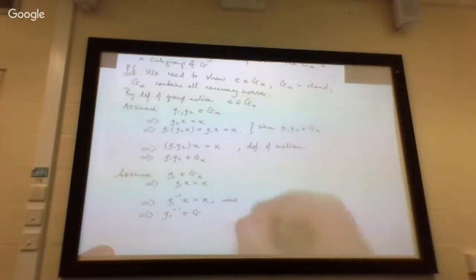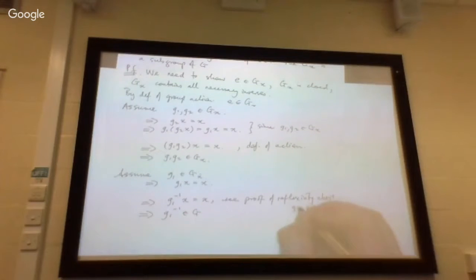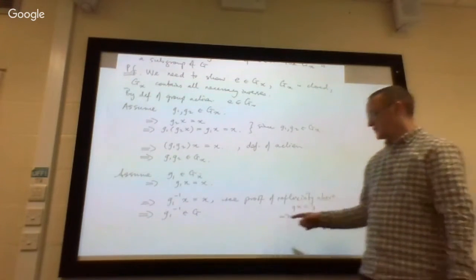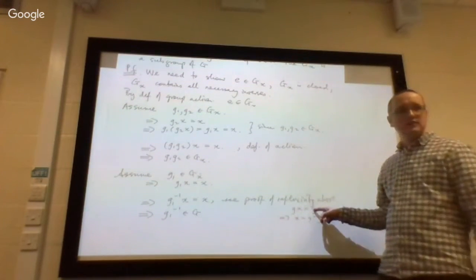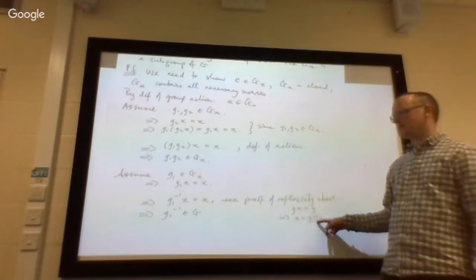See proof of reflexivity above. In the proof of reflexivity, we showed that if gx equals y, that implied that x was g inverse times y. So here we're just using it in the case where we've got gx equals x, and x is going to be g inverse times x.